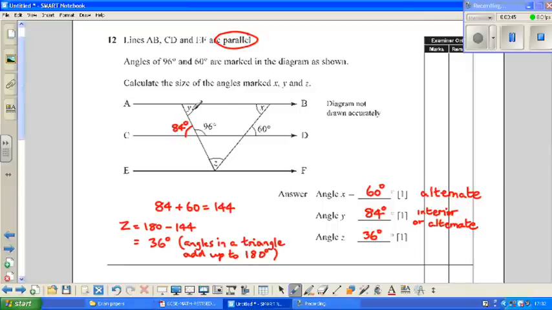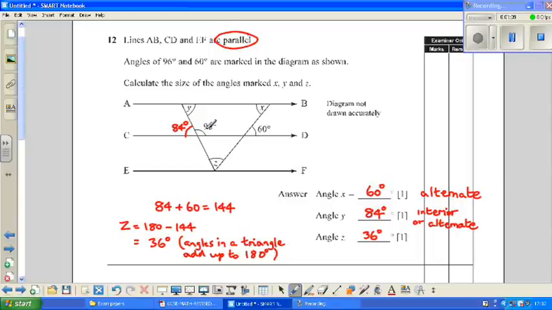Next one, angle Y. There's a couple of ways of thinking about this. The other angle you need to remember at parallel lines are that this angle Y and this angle 96 are called interior angles. They're on the inside of the two parallel lines, and Y and 96 add up to 180.